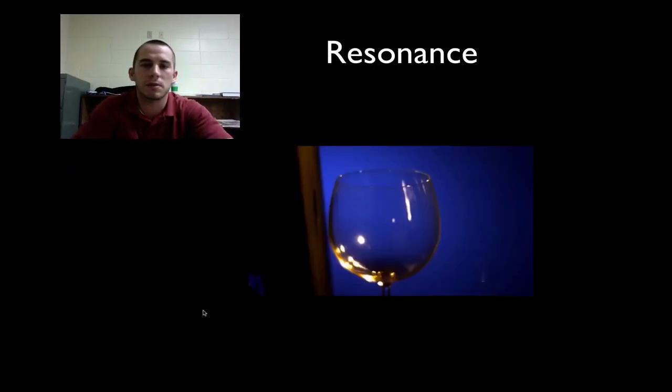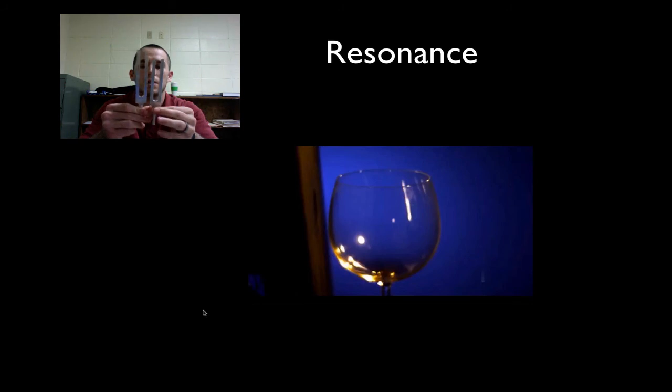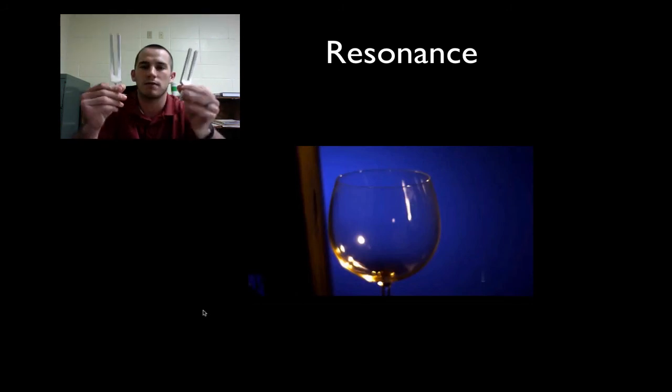Resonance. So we talked about resonance a little bit. What is resonance exactly? So resonance is when a material or an object can absorb energy at its natural frequency. And so materials and objects, they have a natural frequency that they make, or they create noise. And so if we had tuning forks here, you can see that they're different size and they're going to have different frequencies.